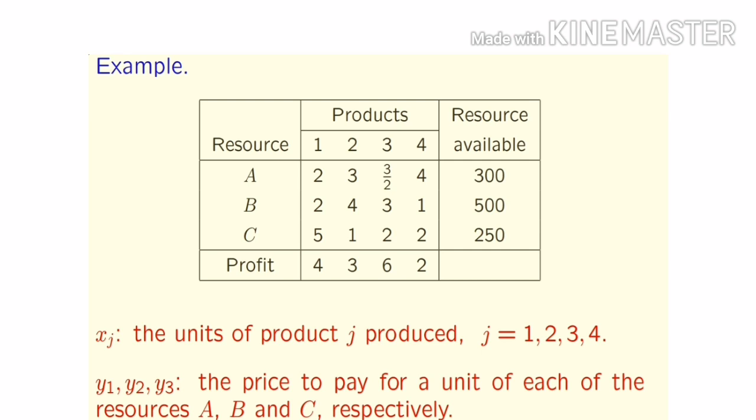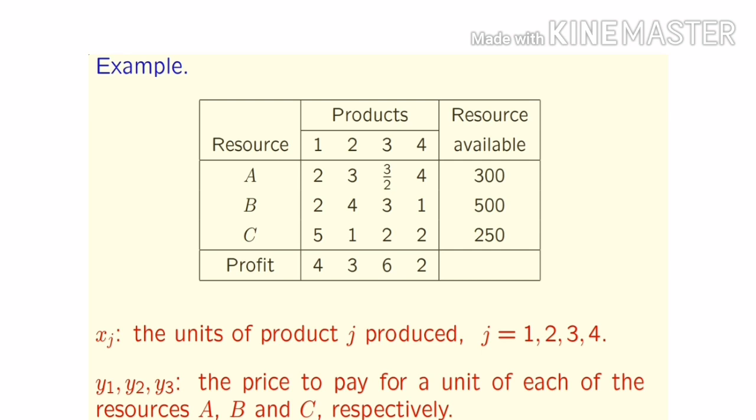Now see the same problem from a different perspective, that the company wants to minimize the cost. Let us consider that y1, y2 and y3 are the prices the company has to pay for each unit of the resources A, B, C respectively. Then what happens for product 1?